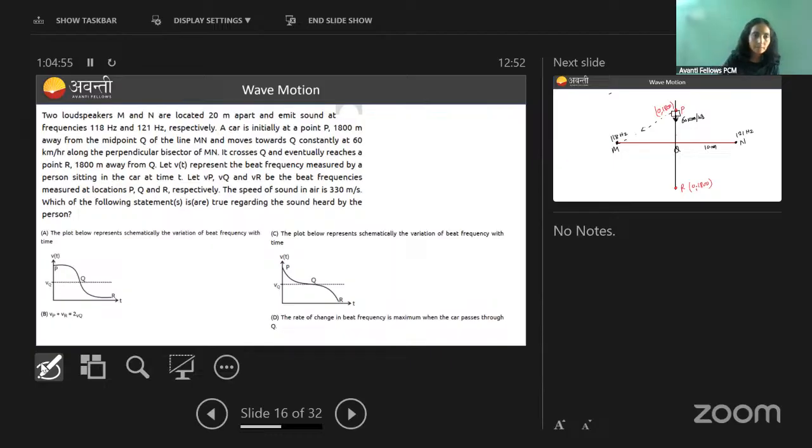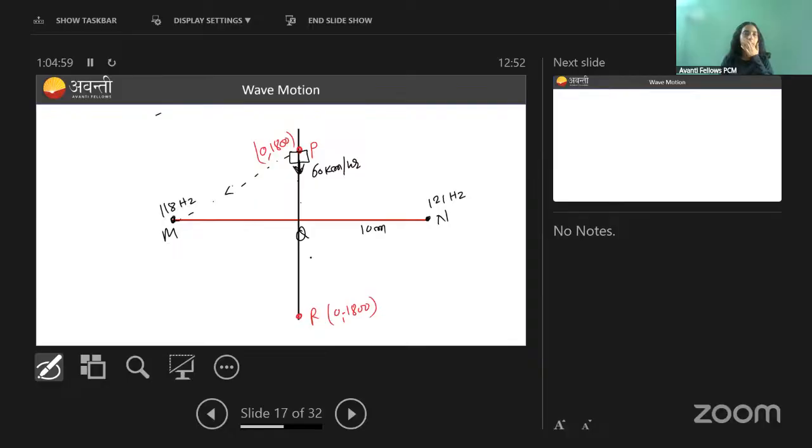Okay, let's discuss. So, what is the question given? See, I have already made the diagram. So, we are having 2 points, and at those 2 points, there are two sources, right? At point M and N. One is producing sound of frequency 118 hertz, another 121 hertz.